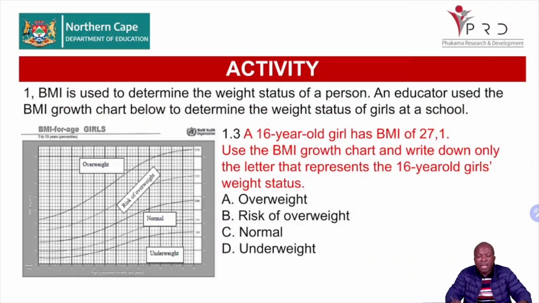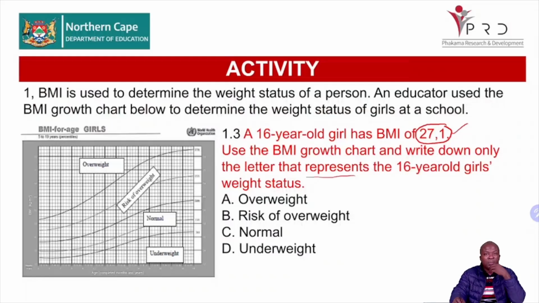All right, let's look at 1.3. A 16-year-old girl's BMI is 27.1. Use the BMI growth chart and write down only the letter that represents the 16-year-old girl's weight status. If the BMI is 27.1, where do you think the answer will be? This one doesn't have to take long.